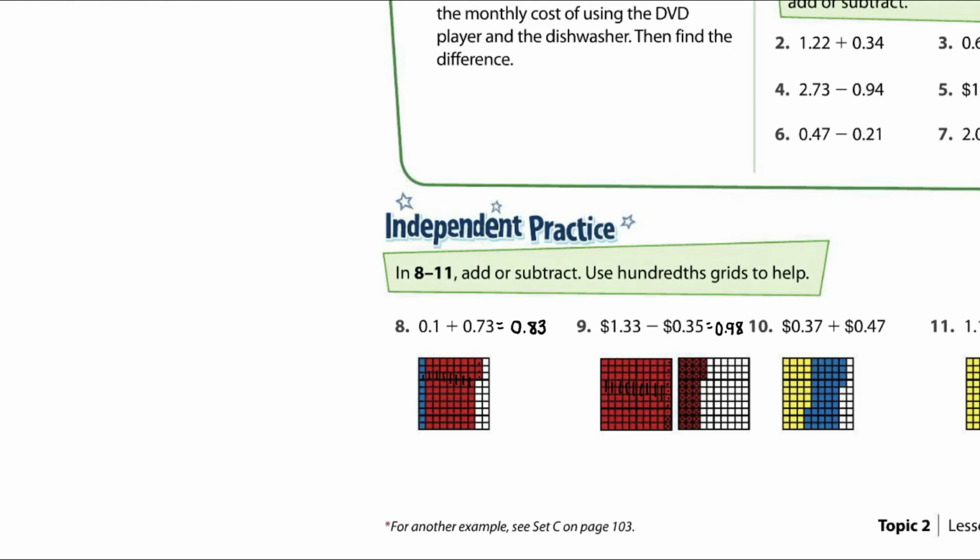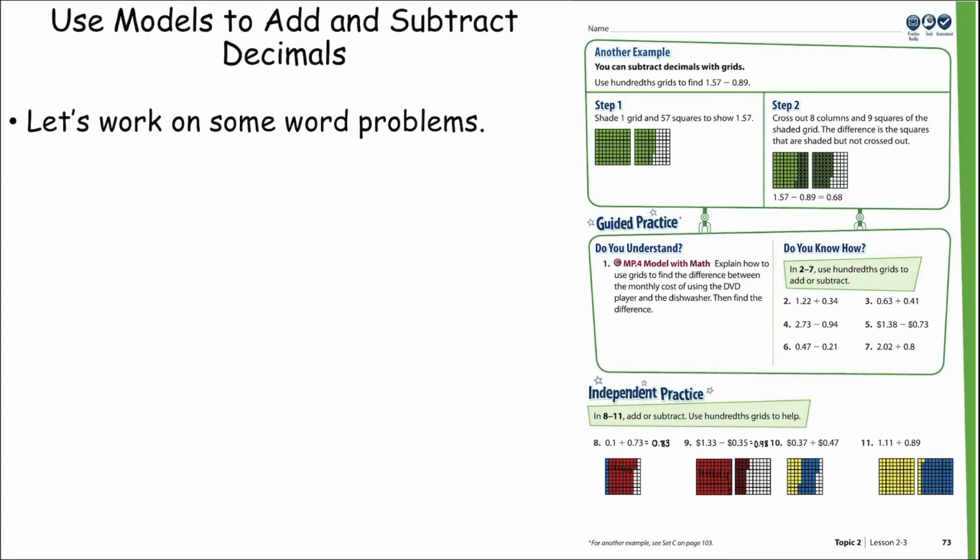So I think you get the idea. I will give the students extra grid paper to do the ones like this. However, on the homework, I just give them the problems like this because I want them to just use the grid paper. All right. And that is your video for using models to add and subtract.